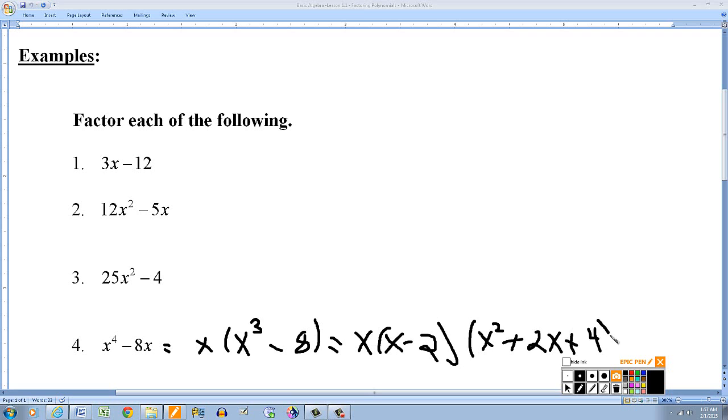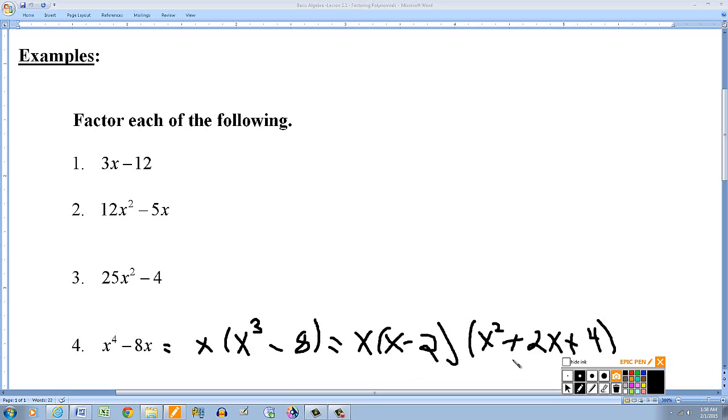Now, had this been a plus right here instead of a minus 8, this would be pretty much the same thing, except in this case it would be the sum of the cube roots. So this would be a plus right here. And the sign in the second parenthesis is always opposite the one here. Okay, so this is a minus, x minus 2. This one will be a plus.